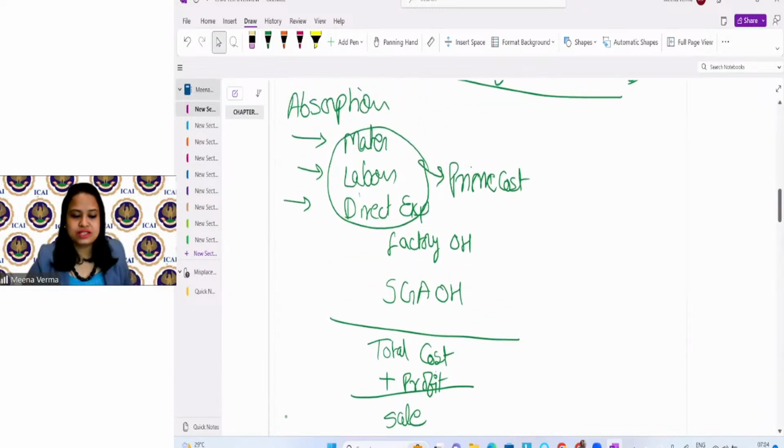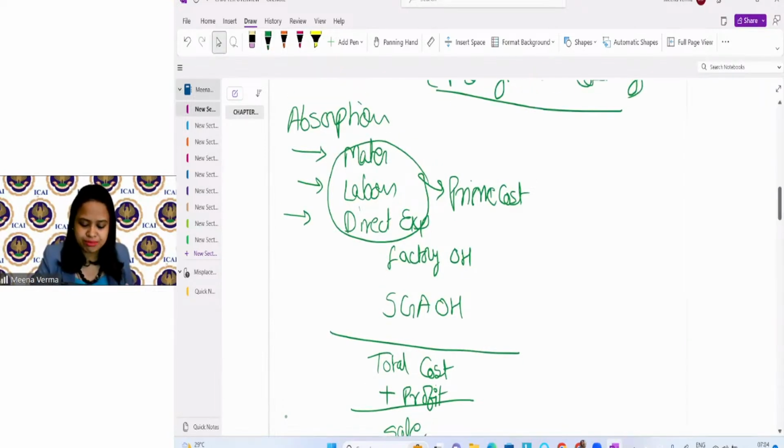Now, what is marginal costing? In marginal costing, we prepare the cost sheet in a different way.